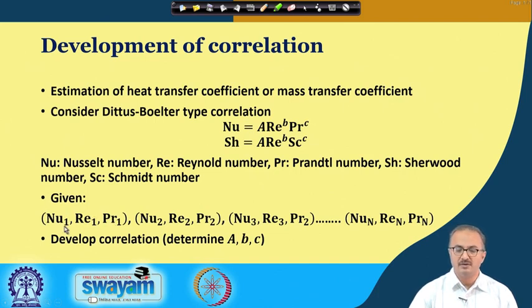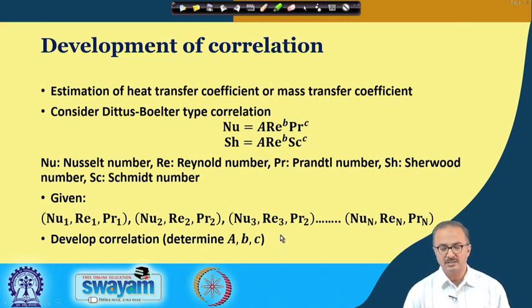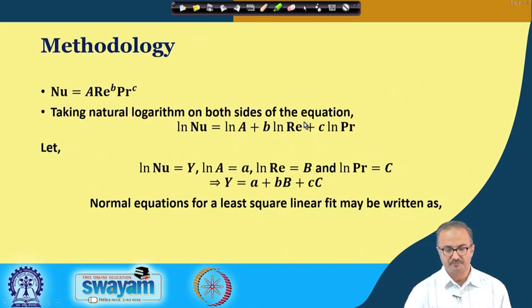So, I have put in parenthesis that for some Nusselt number NU1, we have RE1 and PR1. Okay. So, you get such kind of sets of values. Now, in this case our problem is to find out the values of A, B and C. So, let us see how we do it.